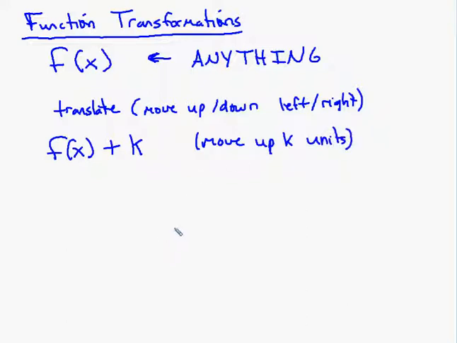Actually, if you could get your graphing calculator handy and set it to graph mode, we can easily see what's happening. I'm not going to put it up here because it'll just be so time consuming to always be plotting it, but on your calculator it'll go pretty fast. Alright, what do you think would happen if I did f of x minus k?